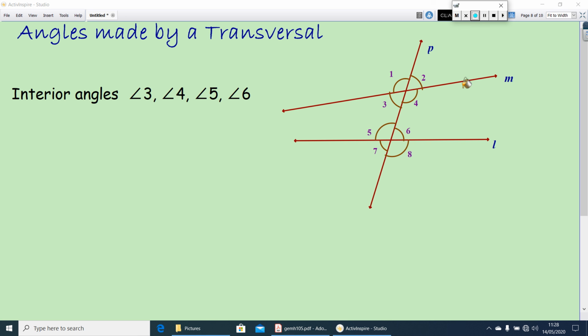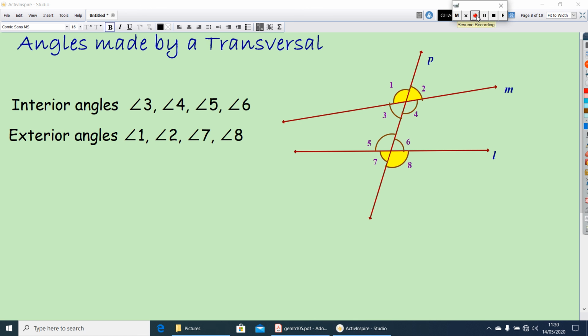Now what are the exterior angles? Here angle 1 is exterior, angle 2 is exterior, angle 8 is exterior, and angle 7 is also exterior. So we can call these exterior angles. Exterior angles are angle 1, angle 2, angle 7 and angle 8.